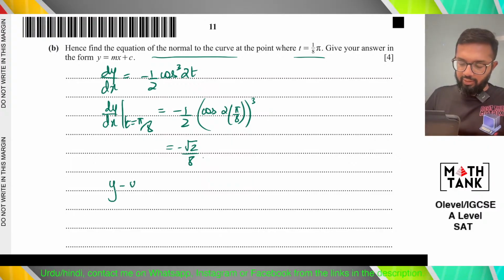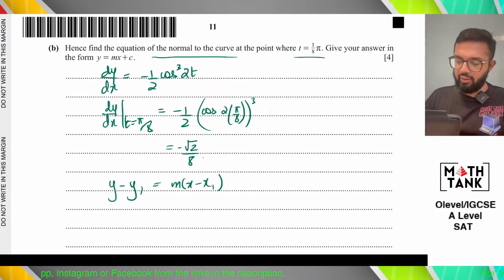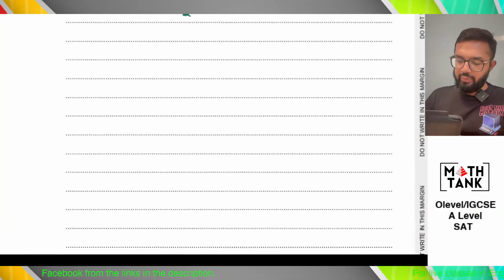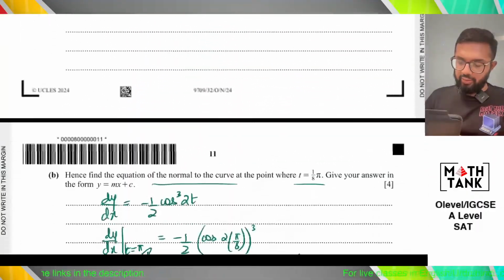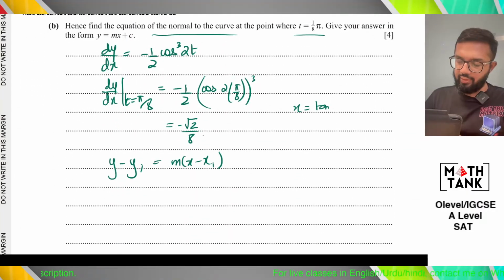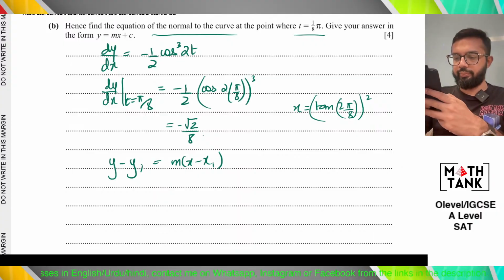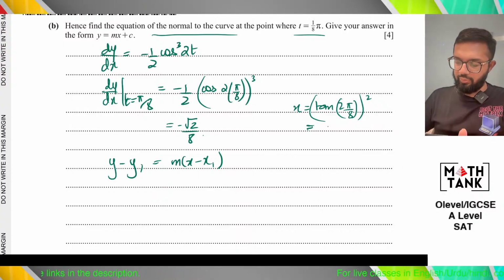Okay, so y minus y1 equals m times x minus x1. I don't think I have y1 and x1. x was basically tan squared 2t, so tan squared of 2 pi over 8, and pi over 4 is 1, so that gives me 1.